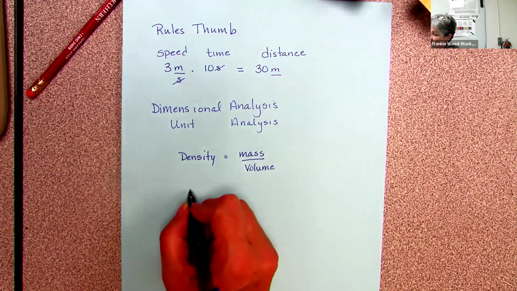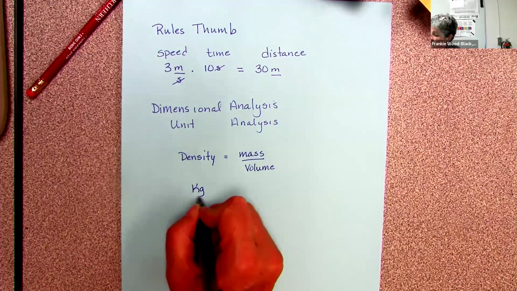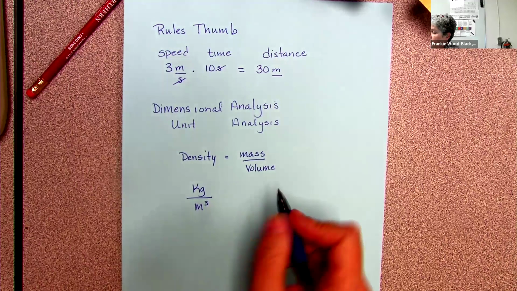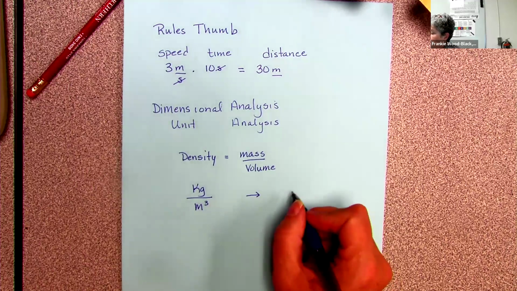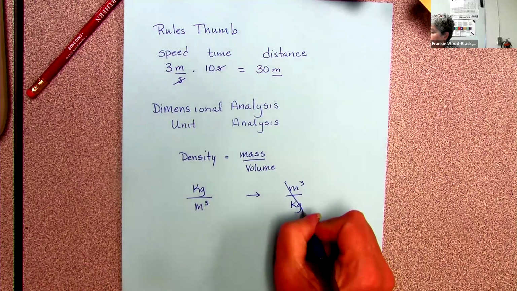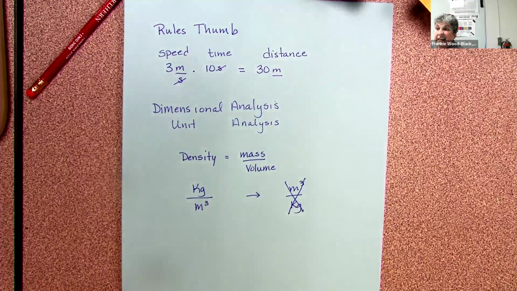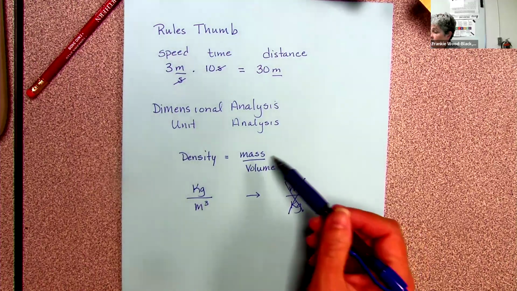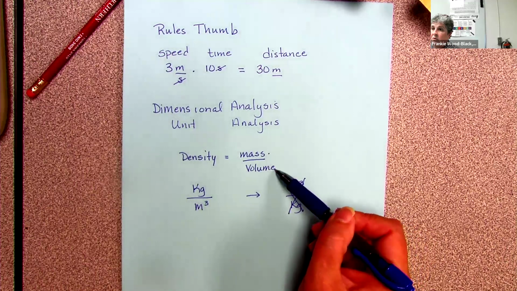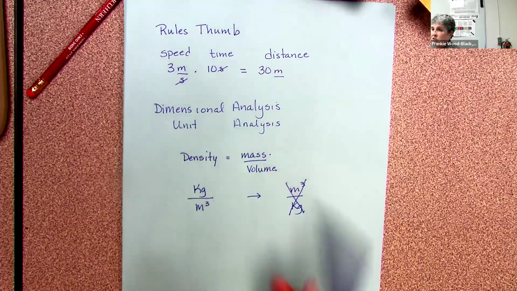But my density is going to be in kilograms per meters cubed, so if I did a calculation and got meters cubed over kilograms, we know we did something wrong. We didn't get a density because my units needed to be a mass unit divided by a volume unit. So we do dimensional analysis.